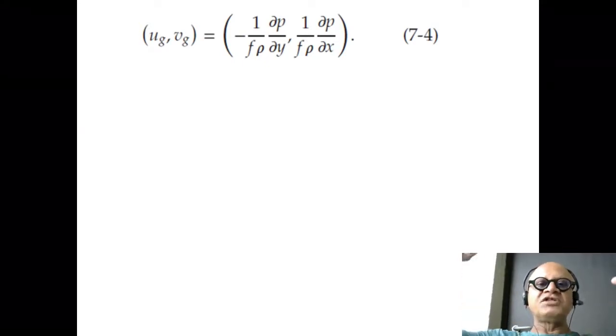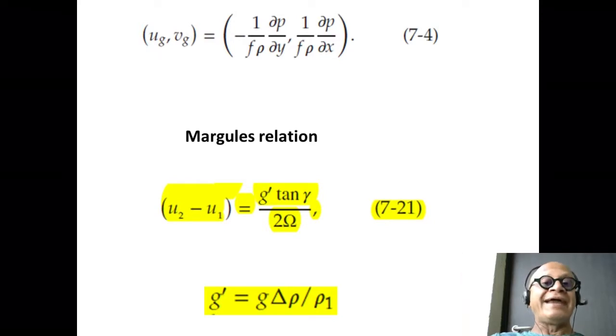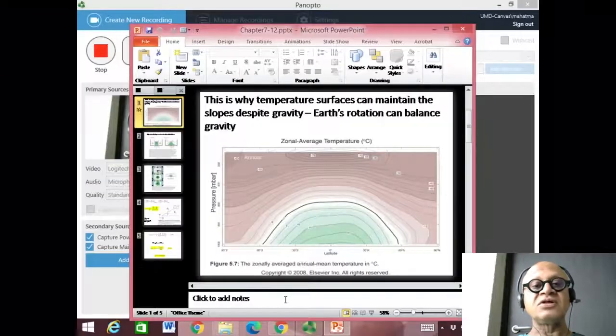But if it is in water, for example, the density difference is then much smaller than the density of the water, and buoyancy of the ball becomes important as opposed to air. The density of air is much smaller than the density of the ball, so there you can ignore the difference, but here you cannot ignore the difference. So that is Margules' relation.